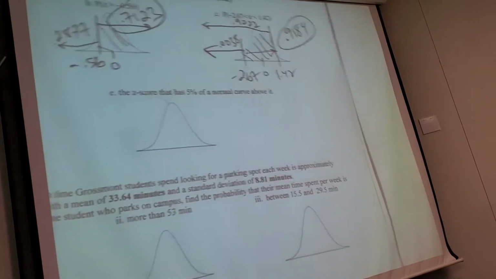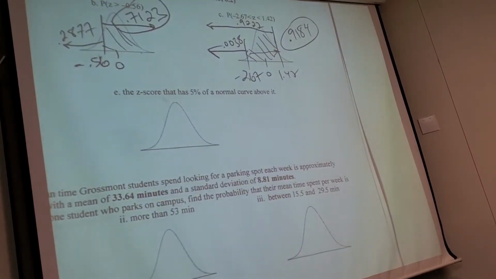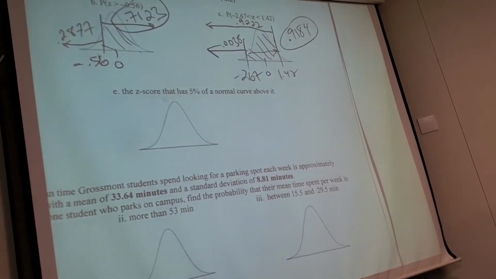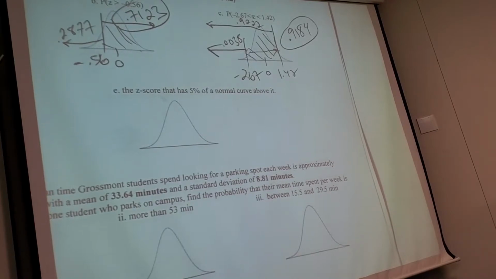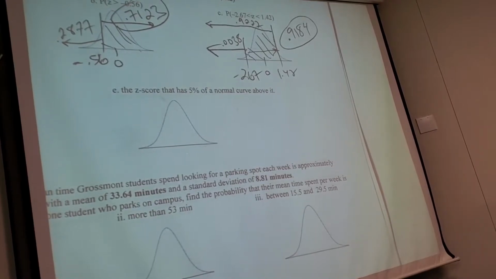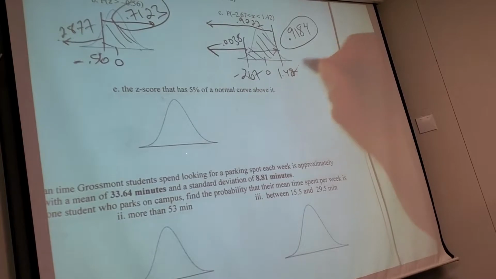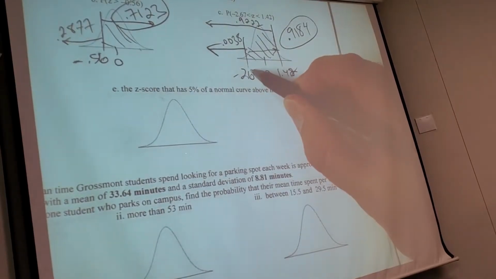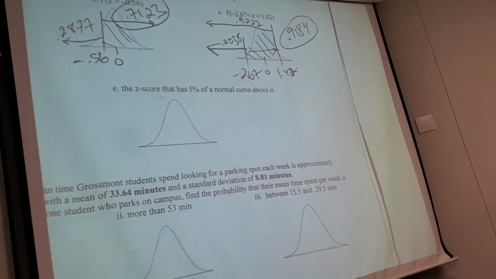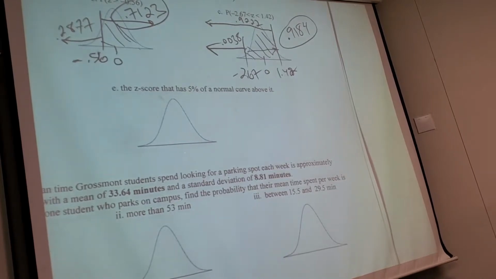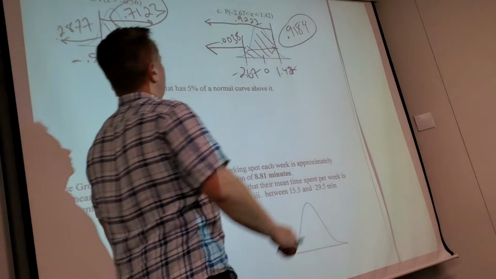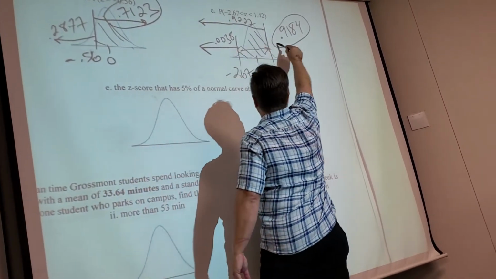0.9184? Yeah. Professor? Yes. So when you draw the line, so the probability that the z-score is greater than negative 2.67, so the line will go this way? No. Nope. I always get people that do that. I don't want to get this area, that's not going to help me.